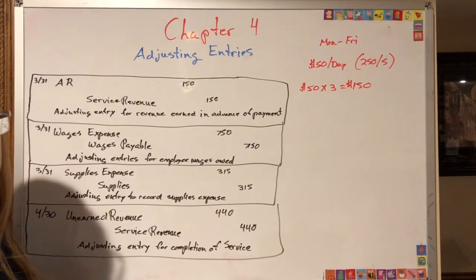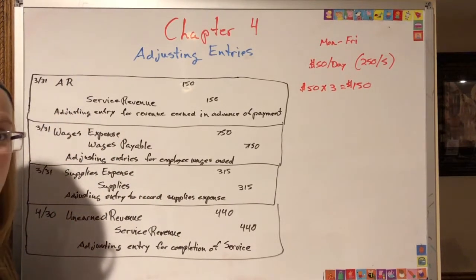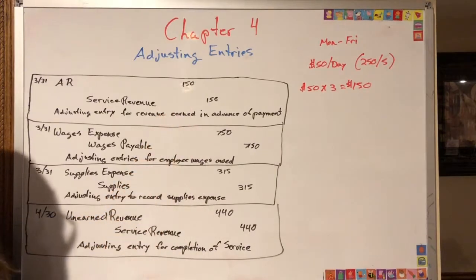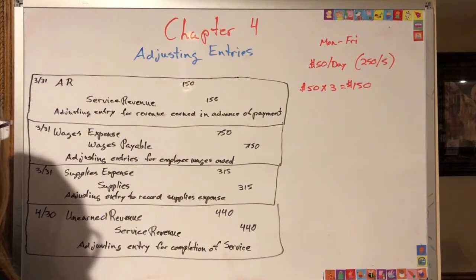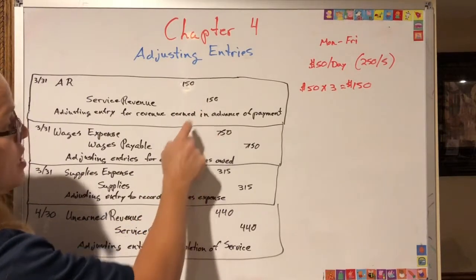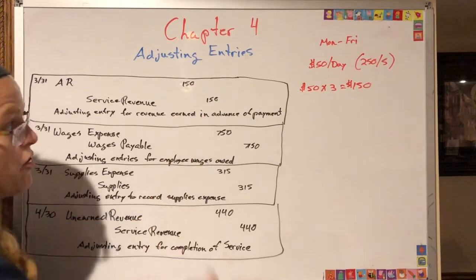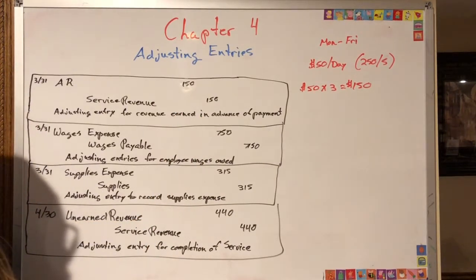So our entry will be accounts receivable because she hasn't been paid for that yet. She's owed that because she earned that revenue, right? So we have service revenue of $150 and our accounts receivable being impacted by $150 because she's owed that money but is not receiving it until Friday.